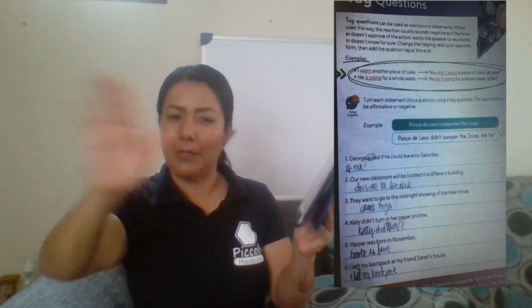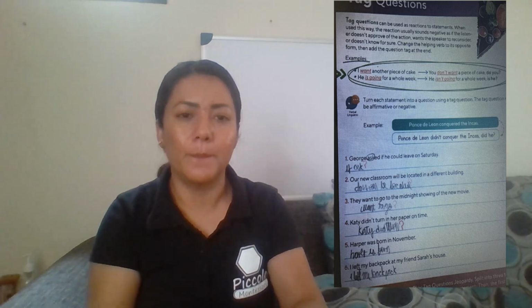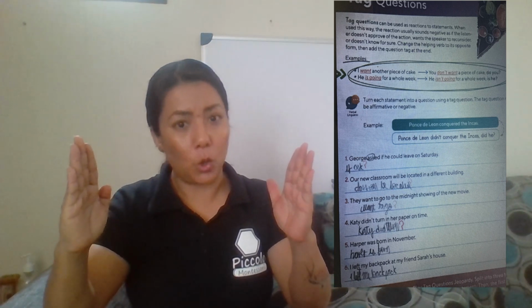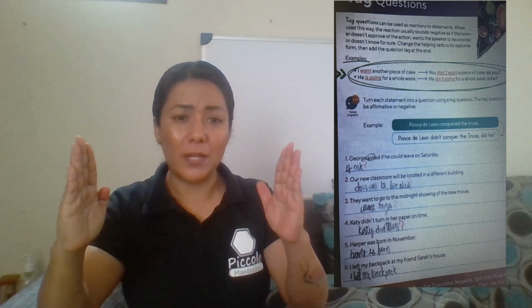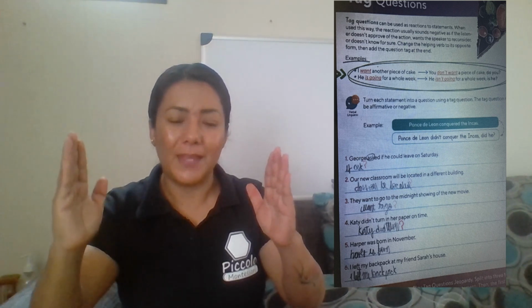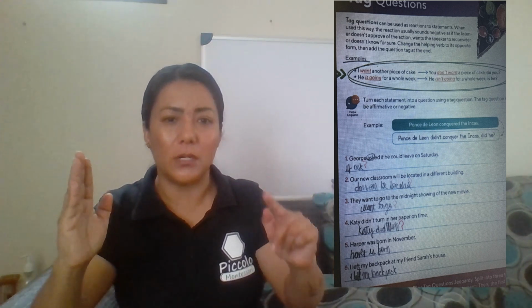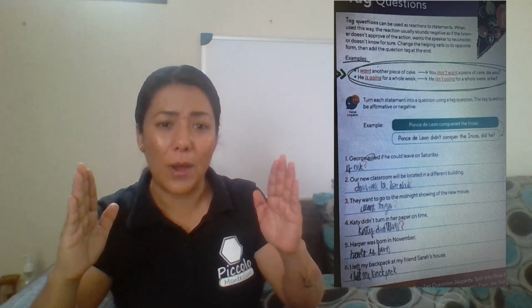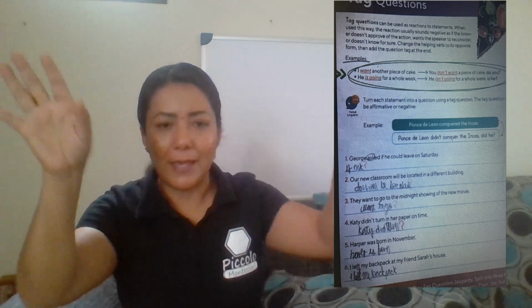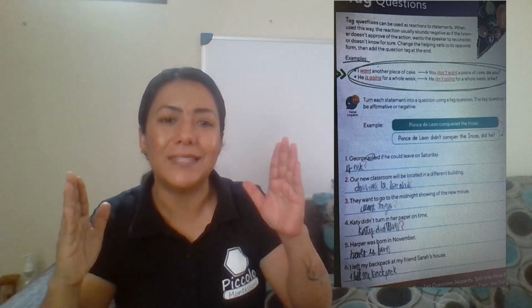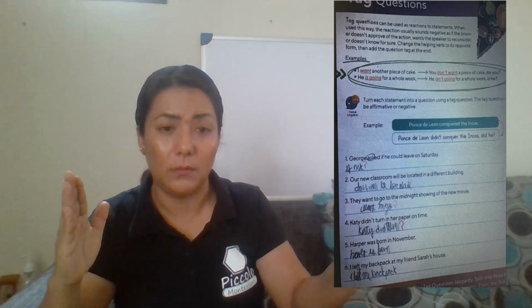So, let's go back. First, we have a sentence or statement. Instruction says to change this into a question. First the sentence, then we need to make it a question. But not only a regular question, we need to have a tag question.